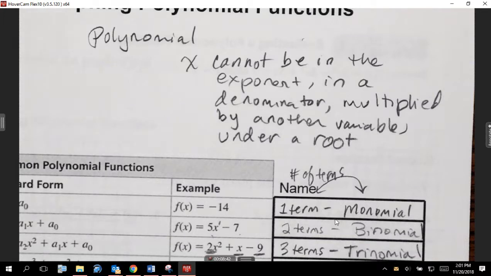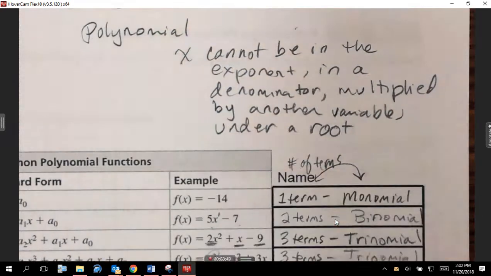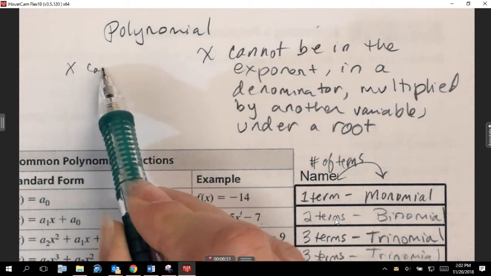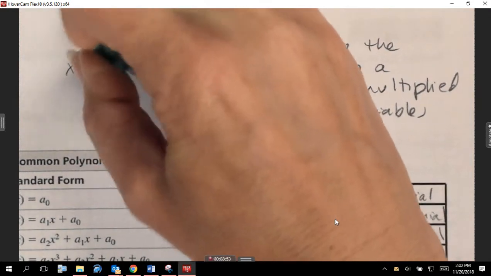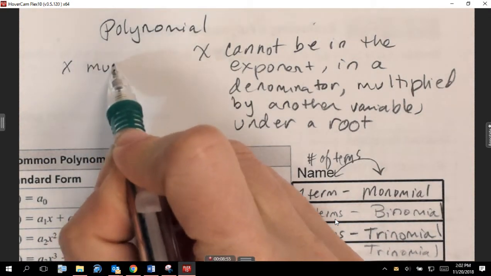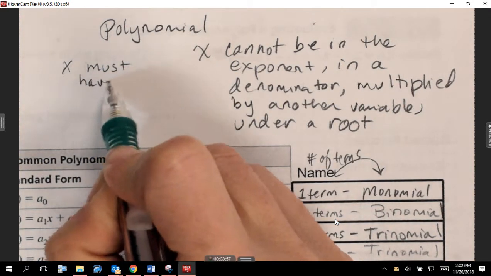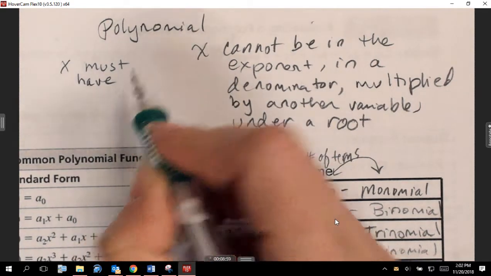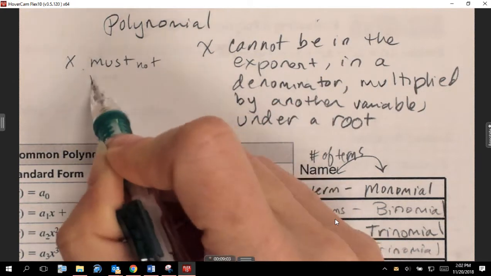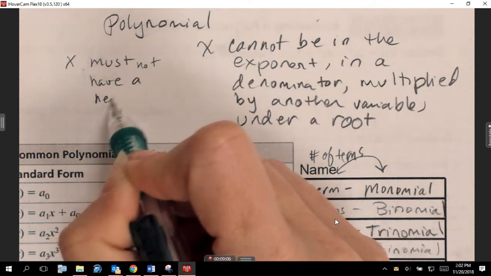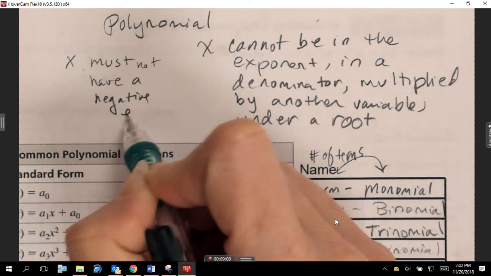And then there's some things that you may not recognize unless I say it. I'm going to say x must not have a negative exponent.